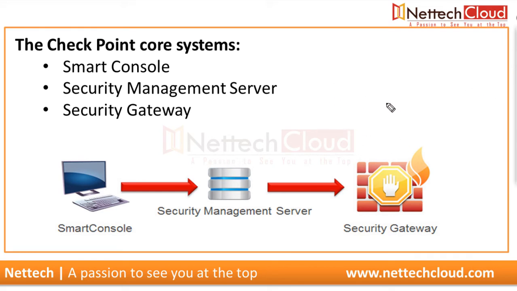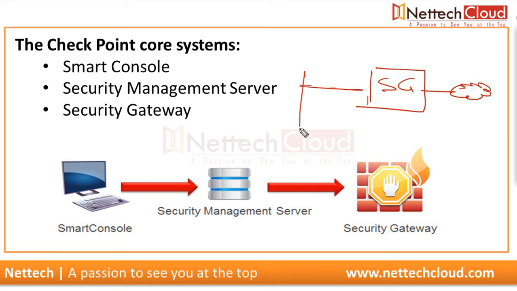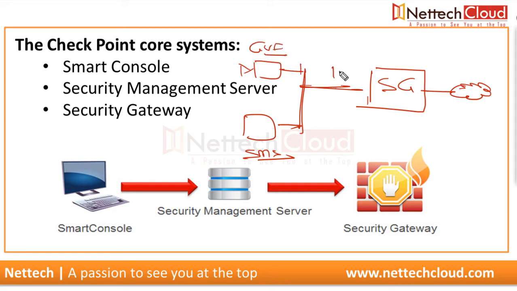Here, let's say the security gateway, the firewall, has an external interface that goes to the internet side, WAN side, and a LAN segment here, and the management server, SMS, and the GUI client are on the same segment. The gateway IP address is 10.0.0.1, the SMS IP address is 10.0.0.2, and the GUI machine IP address is 10.0.0.3.